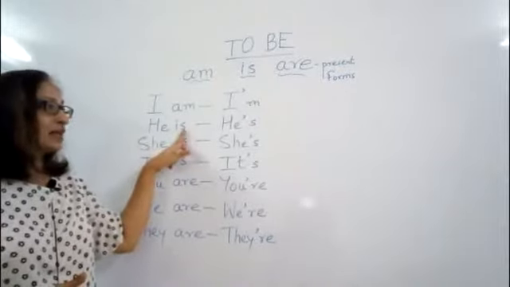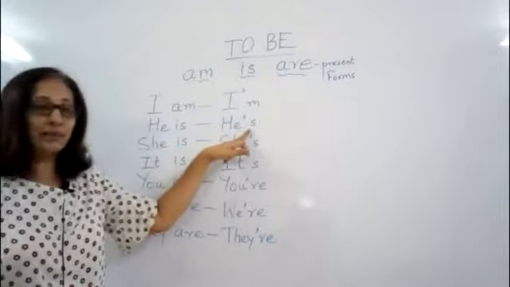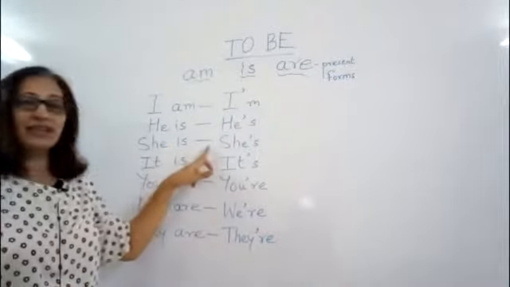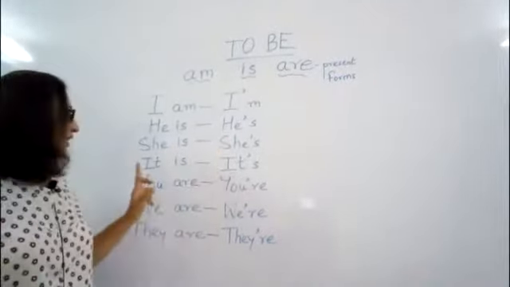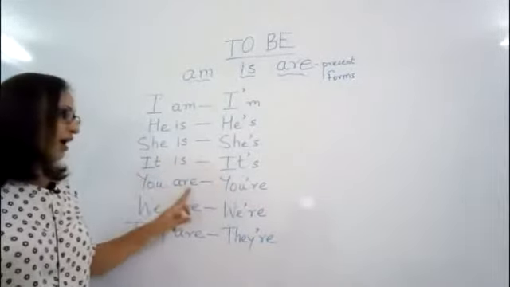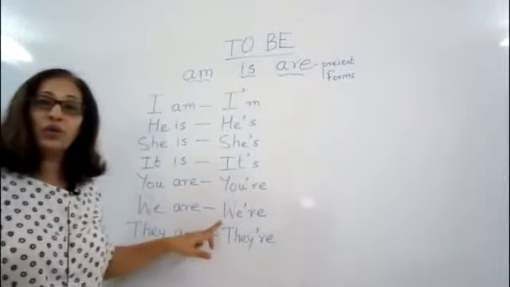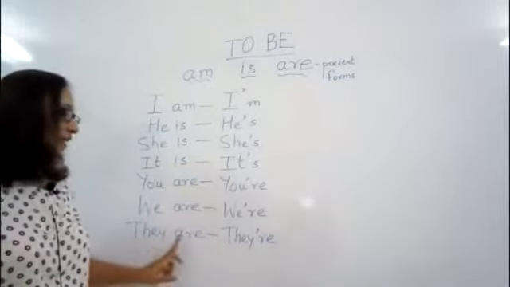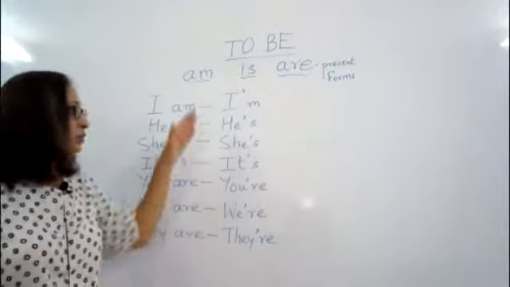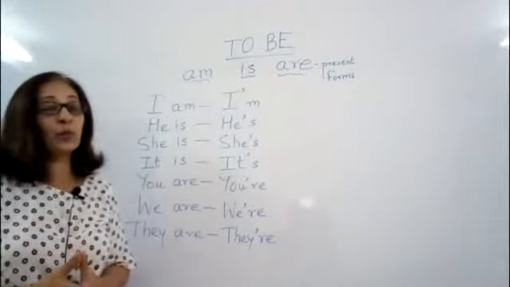He is, he's. She is, she's. It is, it's. You are, you're. We are, we're. They are, they're. So these are the contracted forms that we usually use in spoken English.